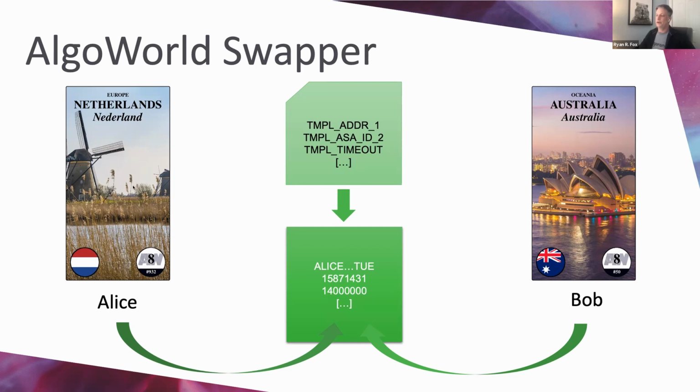Once this contract is created, both Alice and Bob will send their ASA into the escrow account, where it will be locked either until that timeout happens and then they can go and retrieve it, or until I or anyone creates an atomic transfer transaction that's grouped together that says, all right, Alice gets Bob's card and Bob gets Alice's card.